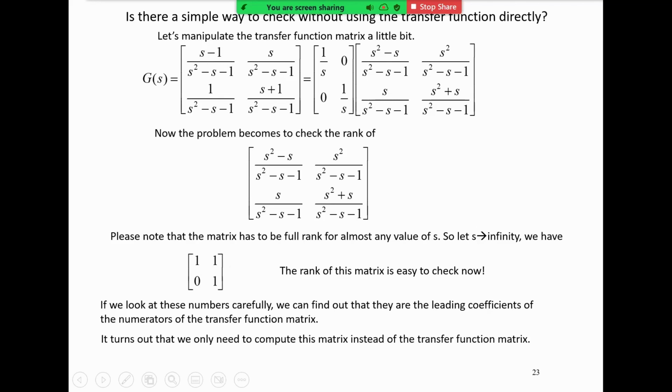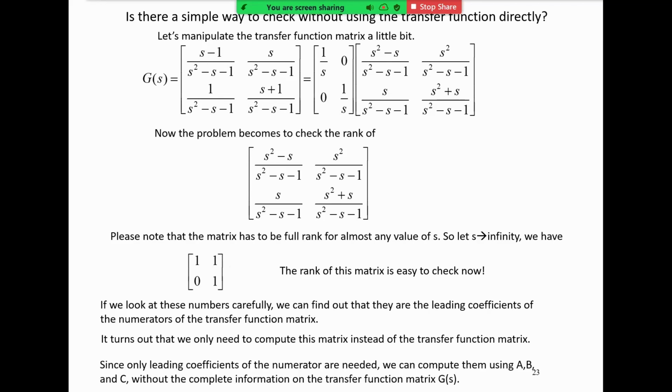So from this example, we see we only need to compute this matrix, instead of using the transfer function matrix directly. Since only the leading coefficients of the numerator are needed, we can compute them using the matrices A, B, C without using the complete transfer function matrix G. We're not going to use that way.